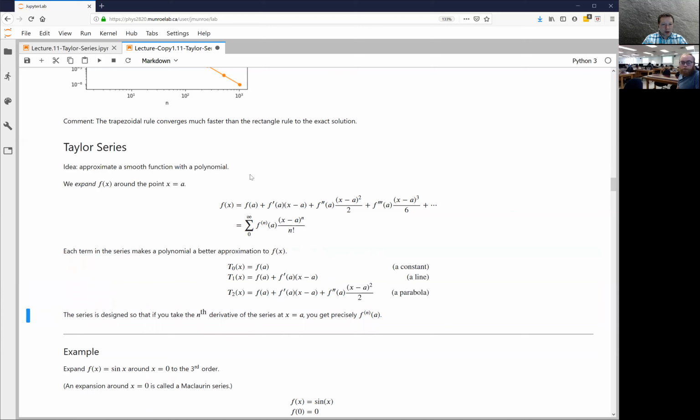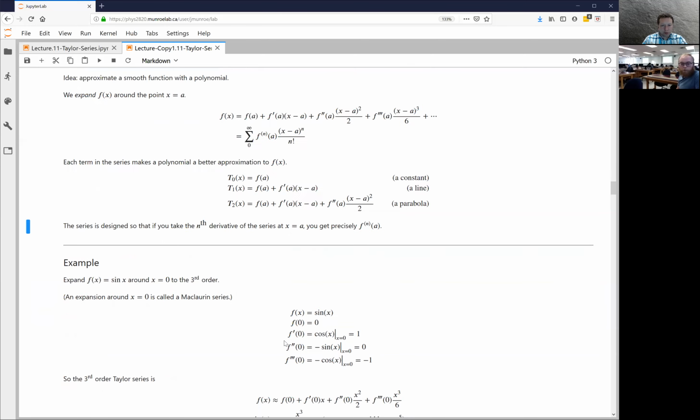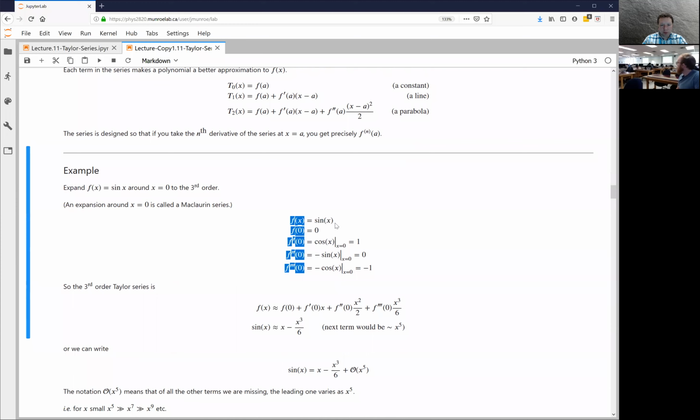Okay, so that's what a Taylor series is, and you can learn about Taylor's theorem and rules about that in calculus. What this means is I can, given a function like f of x equals sine of x, evaluate its derivatives at 0. Derivative of sine is 0. The derivative of sine is cos. Evaluating cos at 0 is equal to 1.